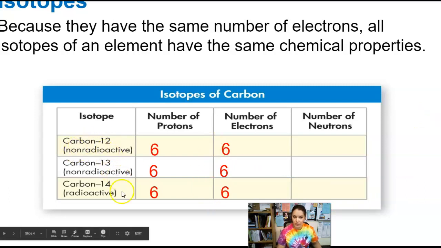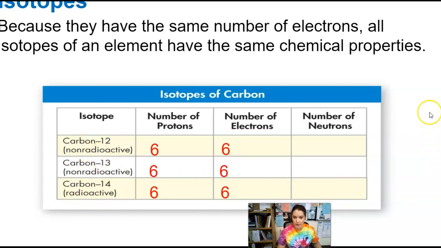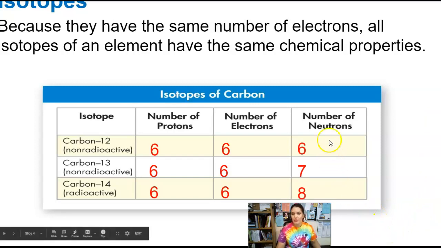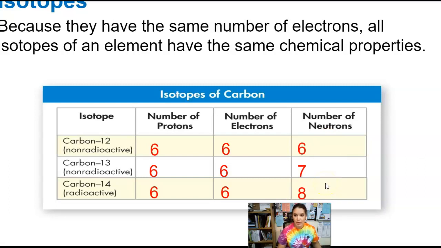This is carbon 12, 13, and 14 we're looking at: 2 non-radioactive isotopes and 1 radioactive isotope used for carbon dating. It makes it an isotope because they do have a different number of neutrons. That is what an isotope at its molecular level will look like.